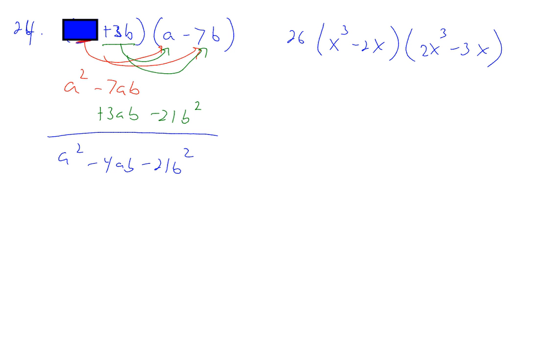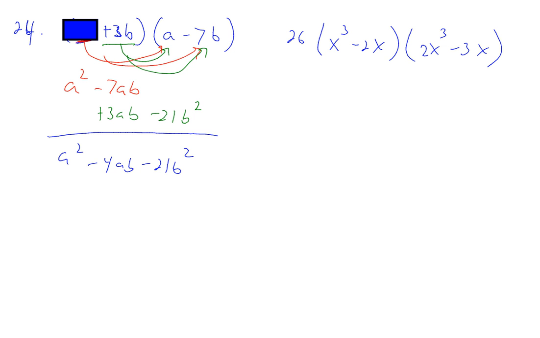Now add up your like terms. That's all this is. First term of the front to every term in the back. Next term in the front to every term in the back. If it's a trinomial in the front, third term in the front to every term in the back. That's how you do all binomial and bigger times binomial or bigger.